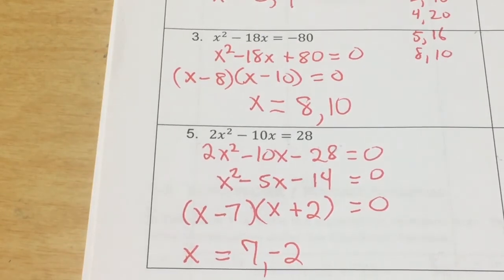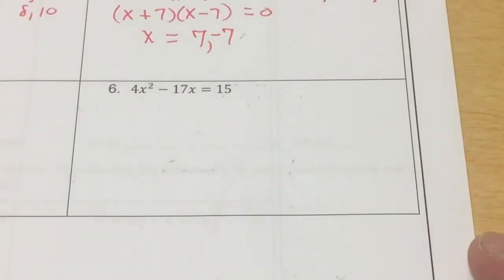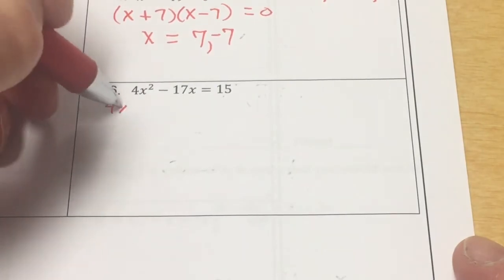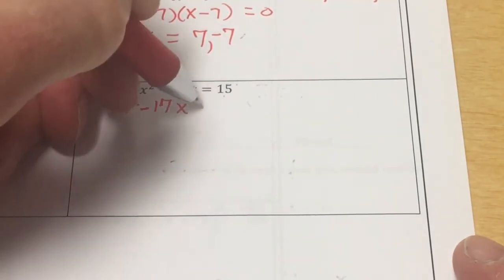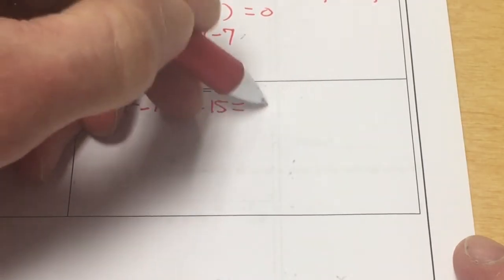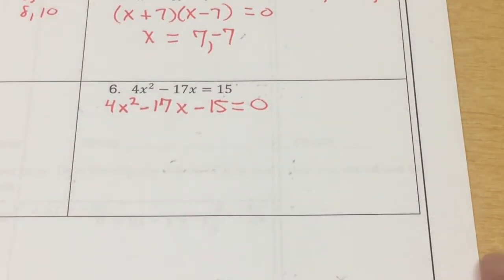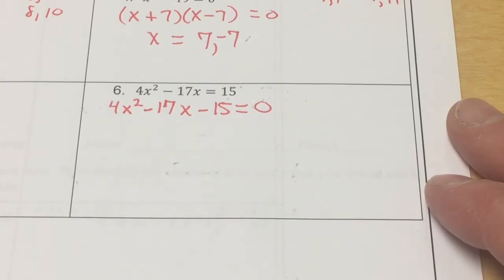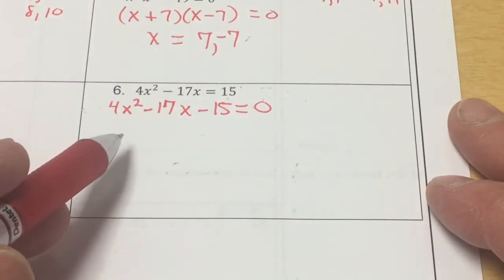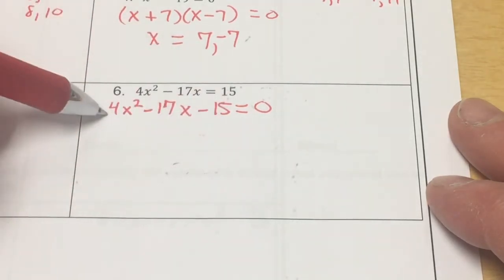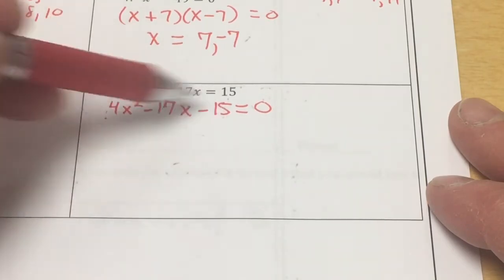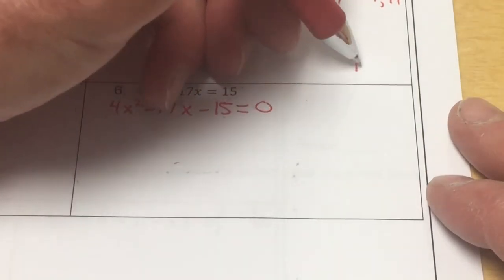Now, number 6 is the most challenging one. Again, we need to make things equal to 0 before we can start our factoring strategy. So we're going to subtract 15 from both sides and make that equal to 0. And here we don't have a common factor, and we're going to look at the product of the leading term and the constant term. 4 times 15 is 60.